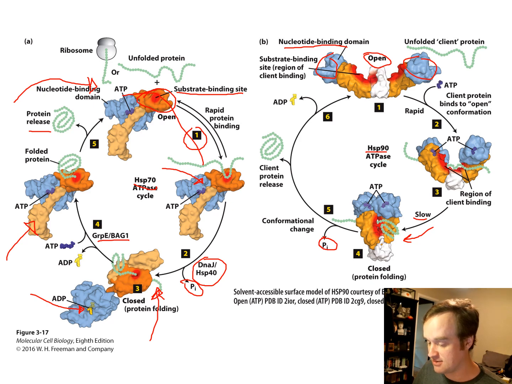The picture isn't shown of the actual releasing, but we get a released state here. ADP then is released, and we go back to this open flexible conformation, and another protein can come in and be folded. So these cycles are continuous, and these chaperone proteins can fold multiple different amino acid chains into their final conformation.